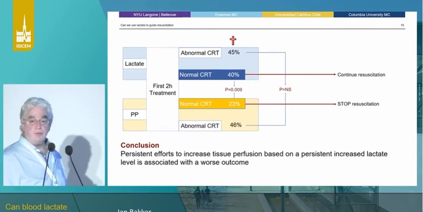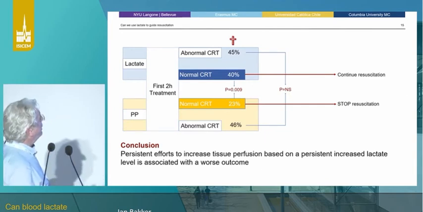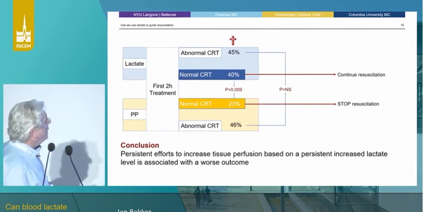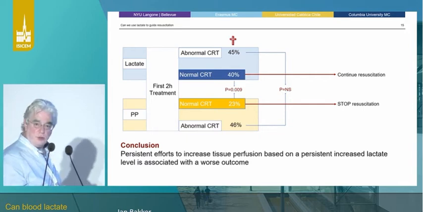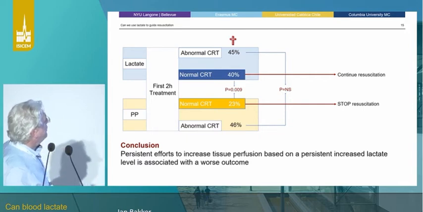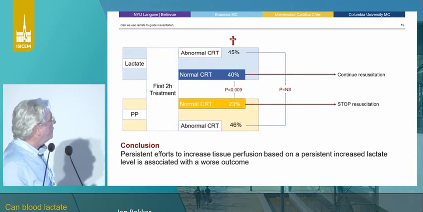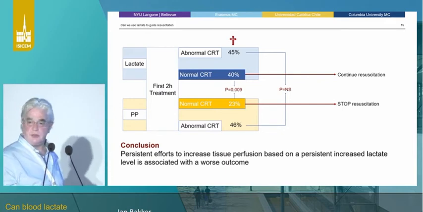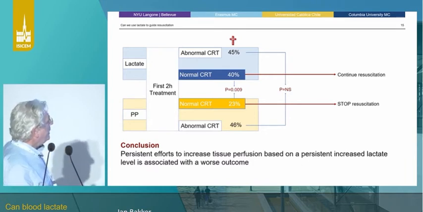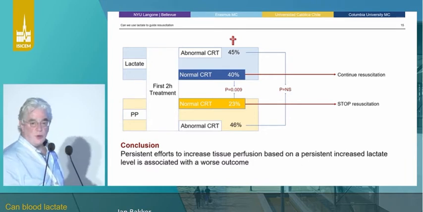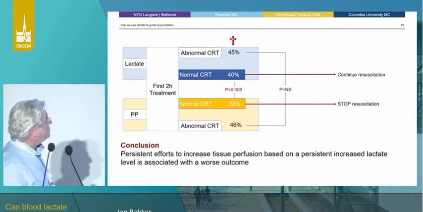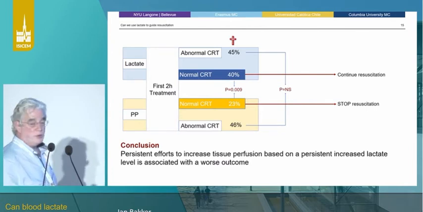It's even worse. If you target lactate in patients with a normal capillary refill time, so this is the lactate group in the Andromeda study, the target is decreased lactate, not normalized capillary refill time. So if your lactate doesn't decrease, but you have normal capillary refill time, you continue resuscitation in this group. It's different in the peripheral perfusion group, where you would stop resuscitation as soon as your capillary refill time was normal.